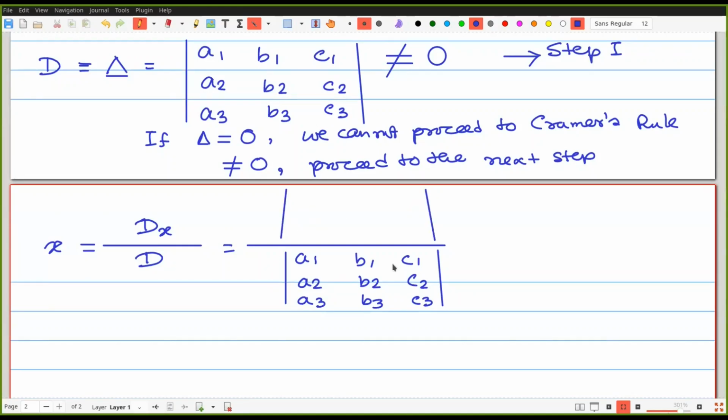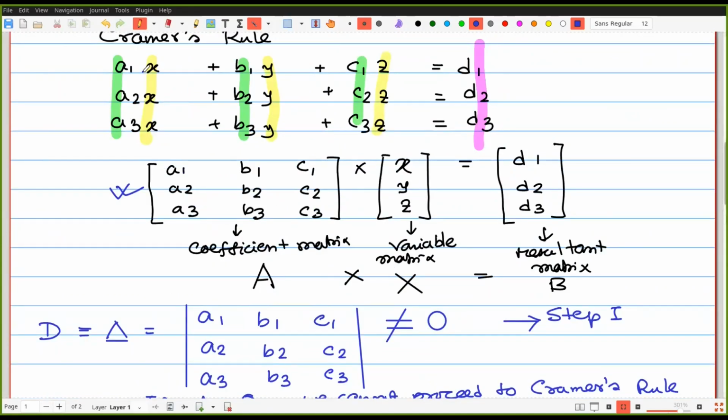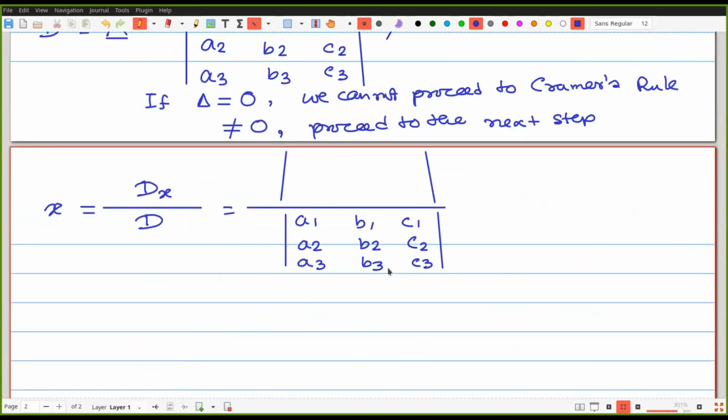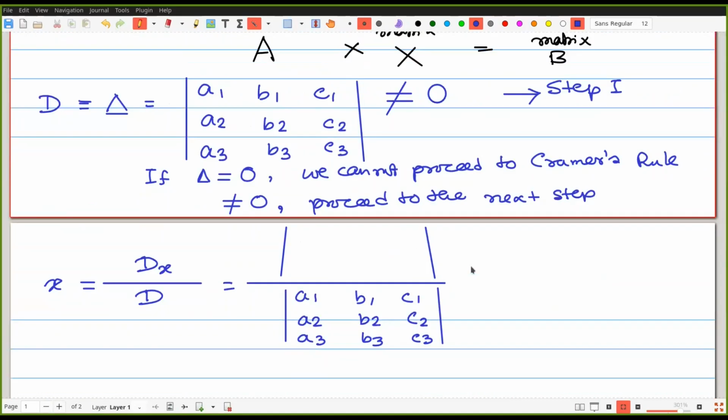Once again, look at the system of linear equations. The first column represents the coefficients of the variable x. So without the first column, write down the second column and third column as they are, and write down the resultant column in place of the first column. So that is our dx.